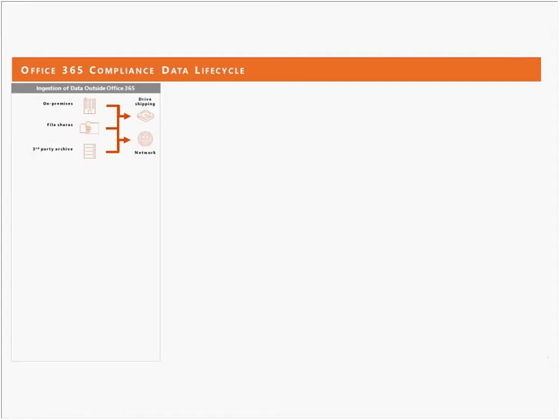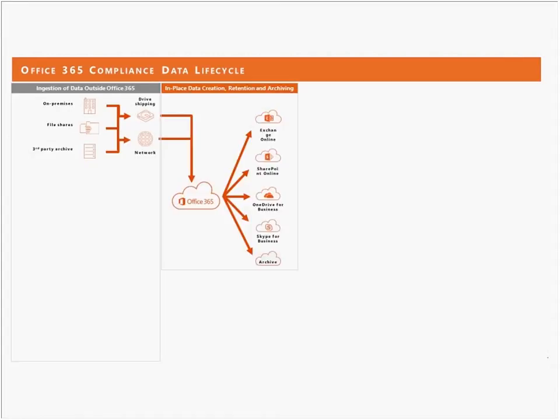So when we start talking to clients about Office 365 and the productivity tools, we start off by looking at what they have on premises. That can be their Exchange servers, SharePoint, their actual file shares, user laptops, My Documents, things like that, as well as their third-party archives. Because one of the big advantages within Office 365 is that the users within the various different tools, so Exchange, SharePoint, OneDrive, et cetera, get unlimited storage.